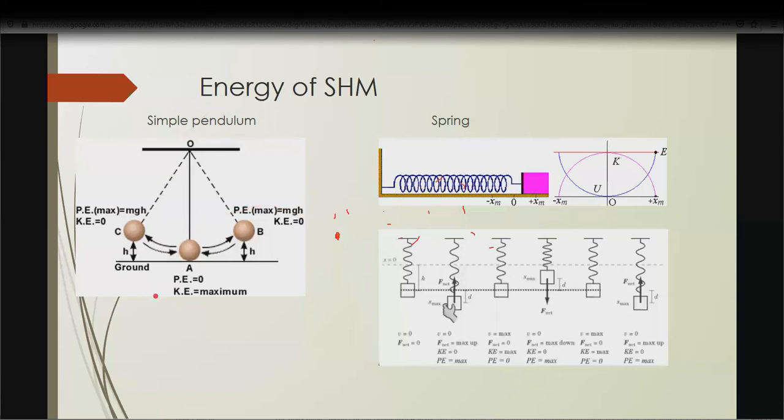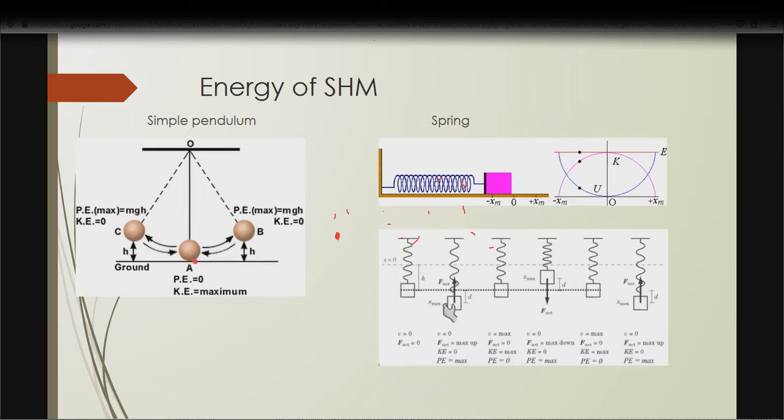Okay. As we discussed earlier, at the initial point, at the center, the object has its minimum displacement and its maximum velocity. So at this point, its potential energy should be 0 and kinetic energy should be maximum, right?